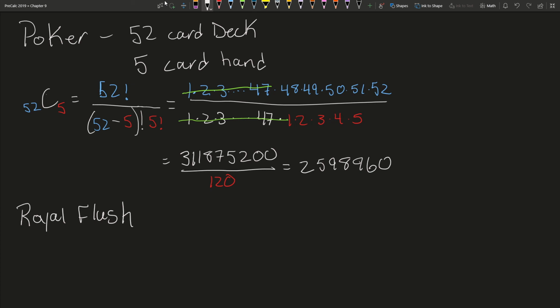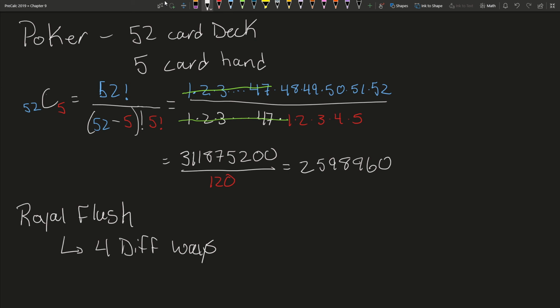So you have to be dealt a 10, a jack, a queen, a king, and an ace of either diamonds, spades, clubs, or hearts. So there are only 4 different ways that you can get a royal flush. You can have a royal flush of spades, hearts, diamonds, or clubs.